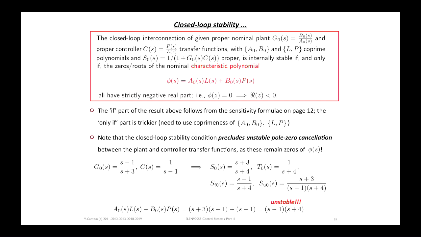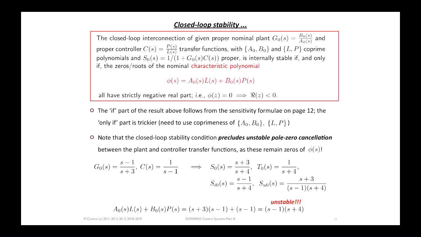If it's an unstable pole that's being cancelled by an unstable zero of the controller, for example, then you'll have one sensitivity function that's unstable. And just having one sensitivity function unstable is enough to say the whole closed loop is unstable.